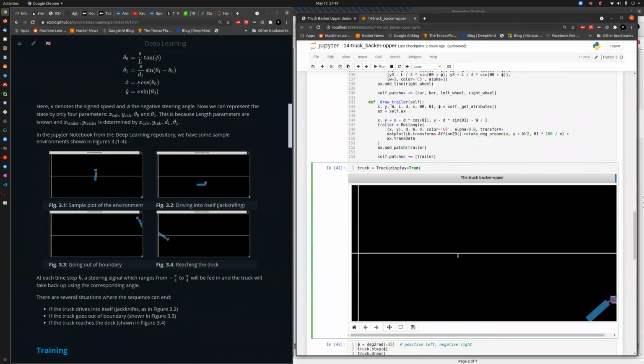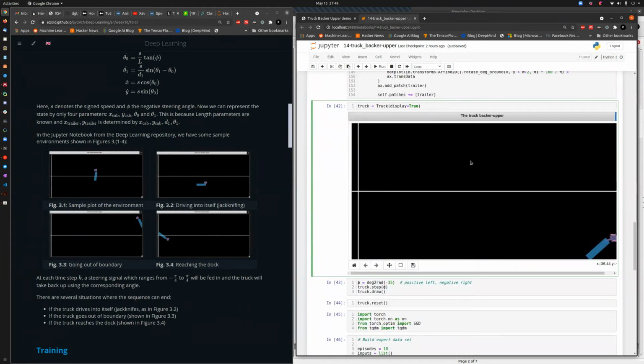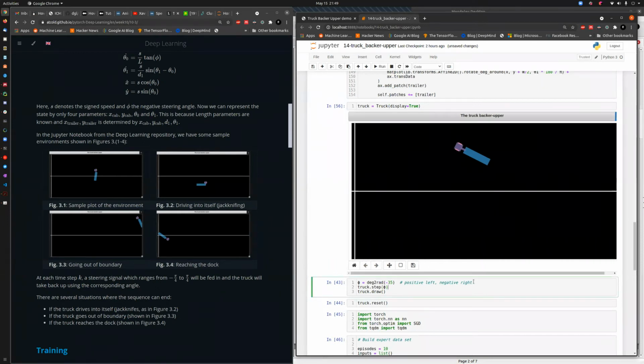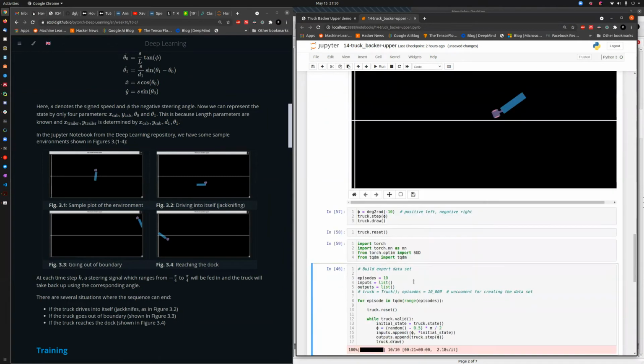Then we can see this is the initialization, and the truck display is true, as we can see. If we reduce the degrees to radians, if I do 10 here, you can see at each step that's the movement.